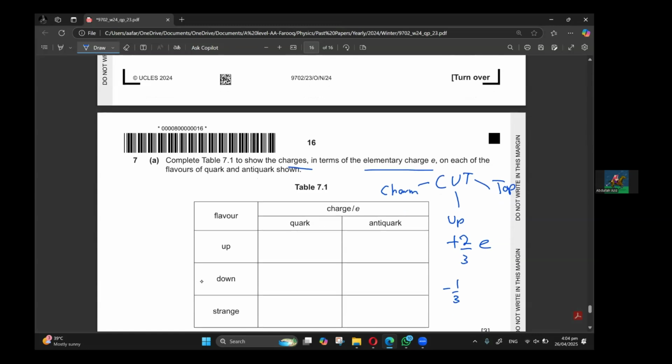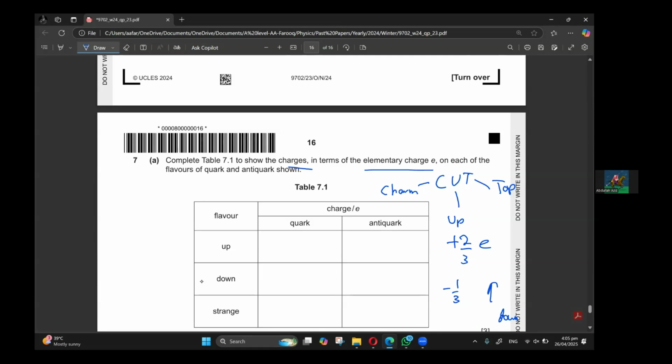You can also remember by the nature of the name: up is positive, top is positive, down is slightly negative, and strange is also not a very positive word. They will have a negative elementary charge.